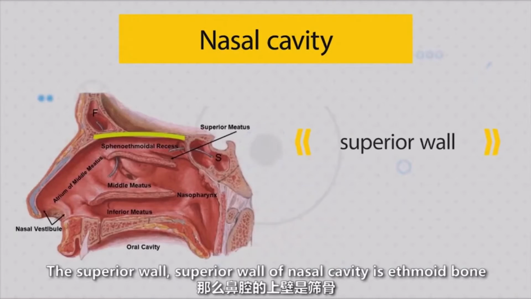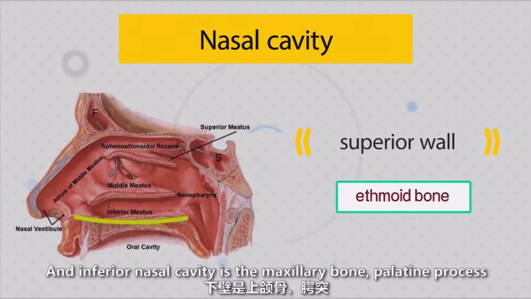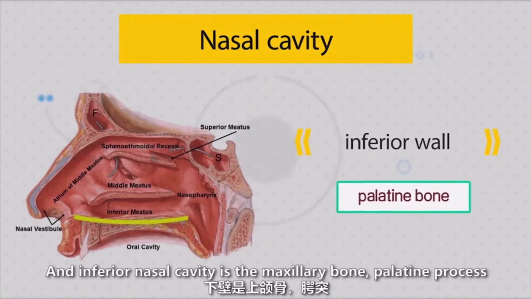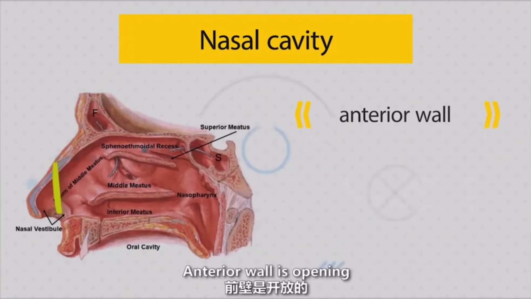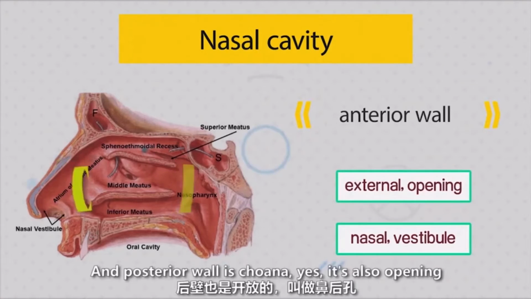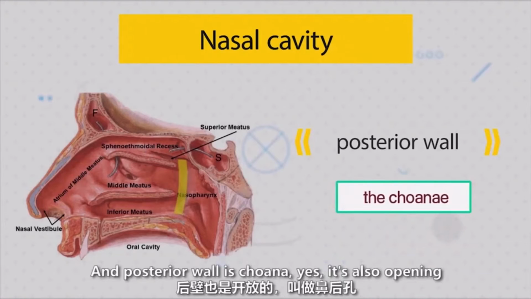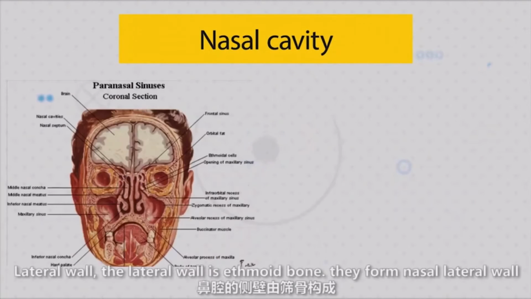The superior wall of the nasal cavity is the ethmoid bone, and the inferior wall is the palatine process of the maxillary bone. The anterior wall is an opening, and the posterior wall, the choanae, is also an opening, opening to the pharynx, the nasopharynx.